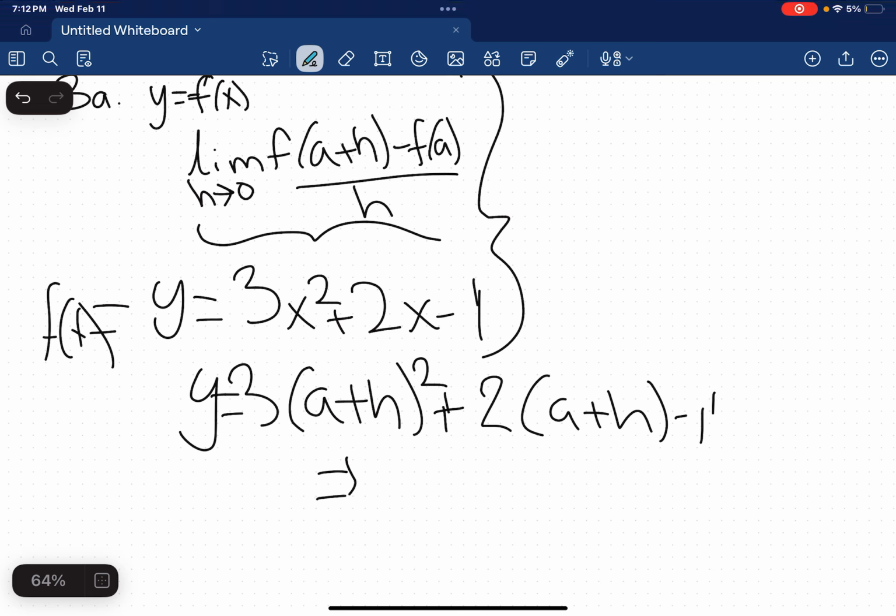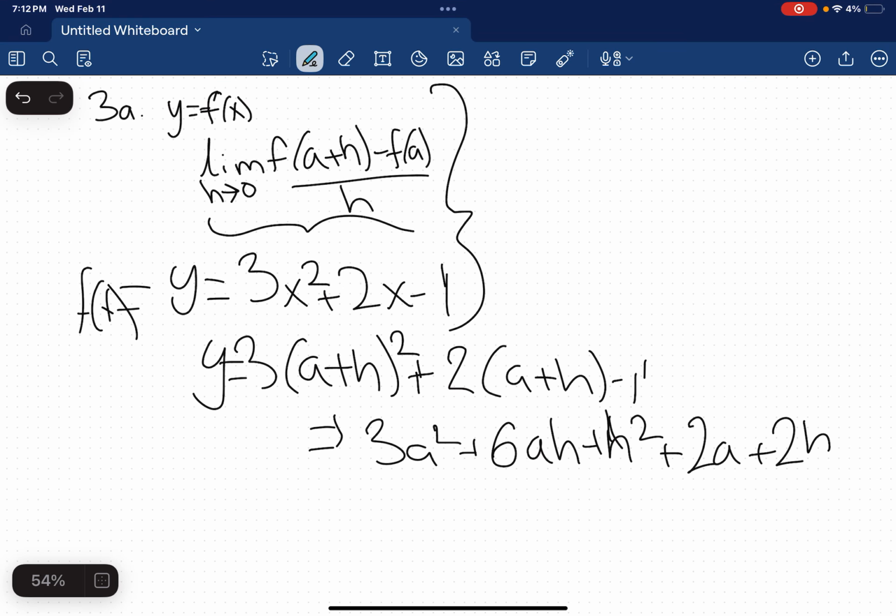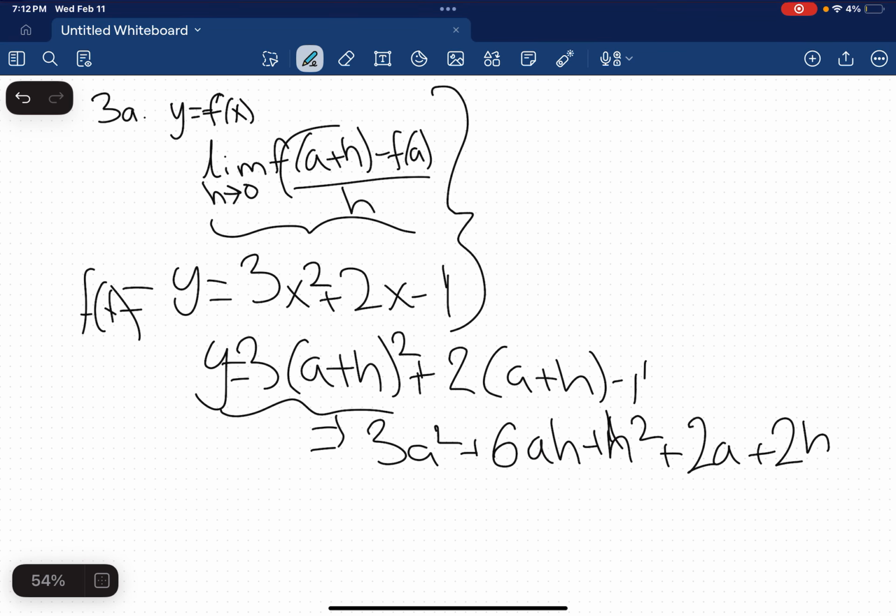That's going to be equal to 3a squared plus 6ah plus h squared, wow, this handwriting is horrible. I feel bad for anyone that's actually using this video. Plus 2a plus 2h. The reason why we're doing this once again is so we can get this. We know what this is.